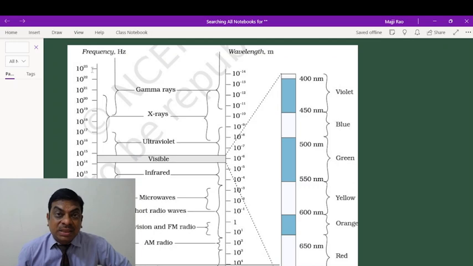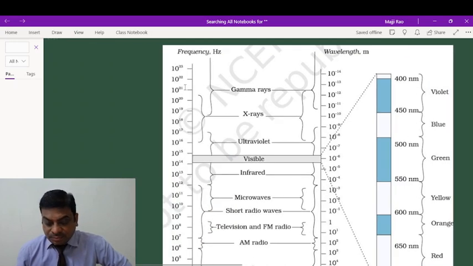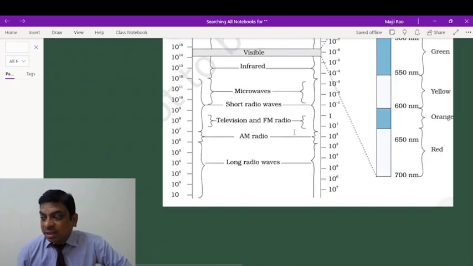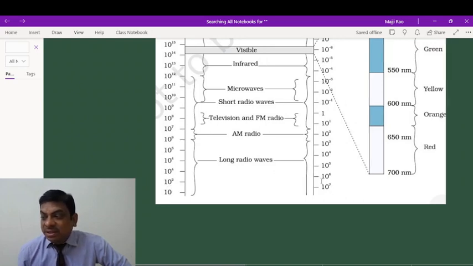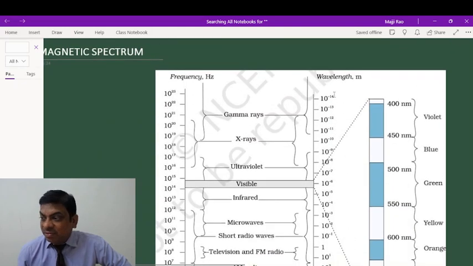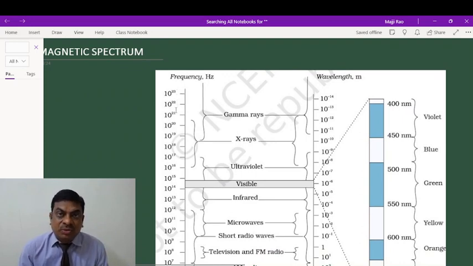That means they have the highest frequency, and naturally they'll have the lowest wavelength as well. And at the bottom you can see there are radio waves, which have the minimum frequency, but at the same time their wavelength is maximum. On the right side you have the wavelength, whereas on the left side you can see the corresponding frequency. It is just an order of magnitude.